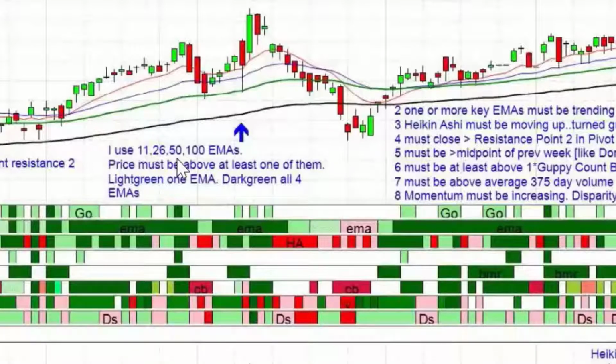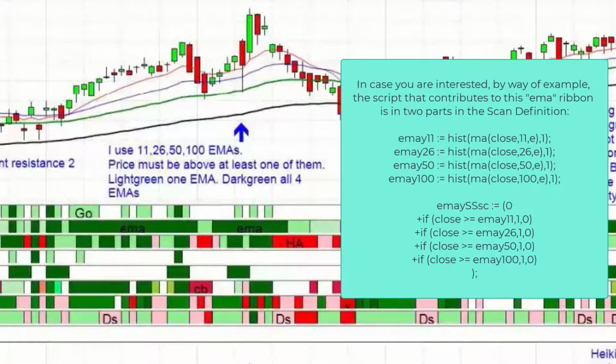Previous presenters have said they like to see the price trending upwards, and got all sorts of ways of doing this. I particularly like the EMAs. They're quite easy to calculate. And I use the 11, 26, 50 and 100 EMAs. You can see them on the chart here.